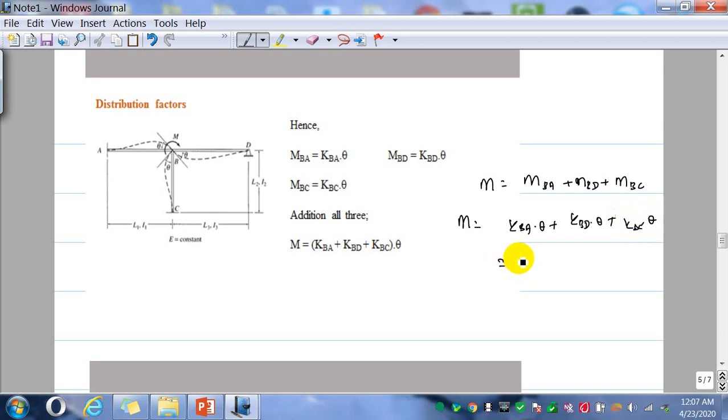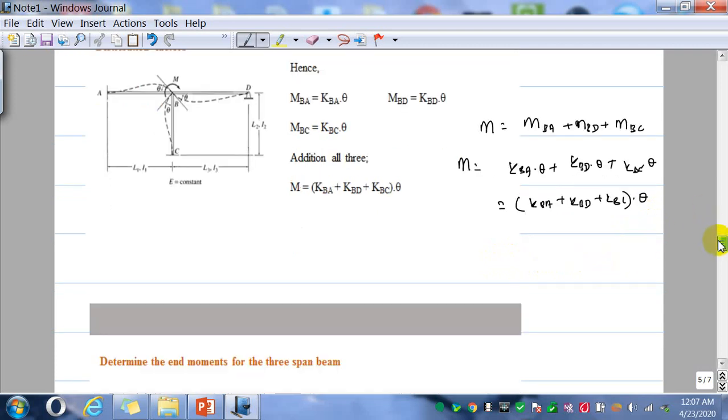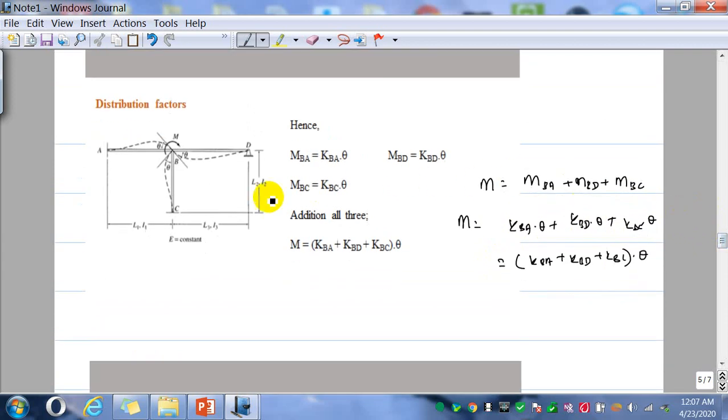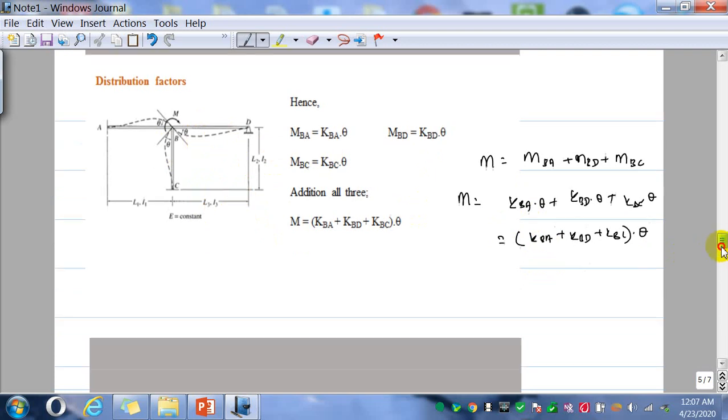Theta is common, so (K_BA plus K_BD plus K_BC) into theta. As you can see, the amount carried by each segment is given by the stiffness of that segment into the rotation.